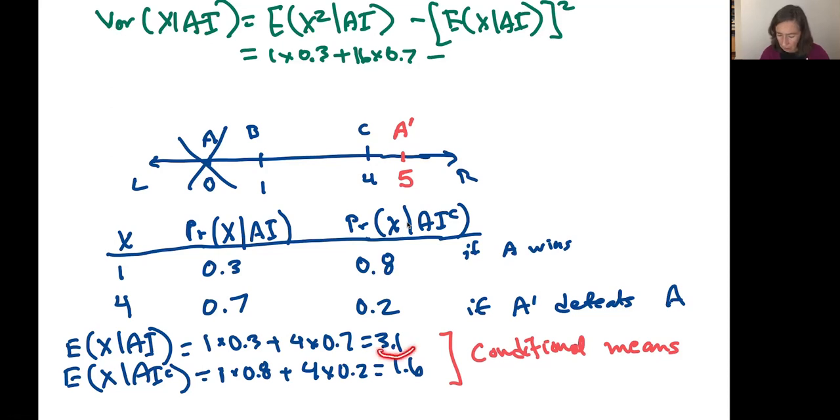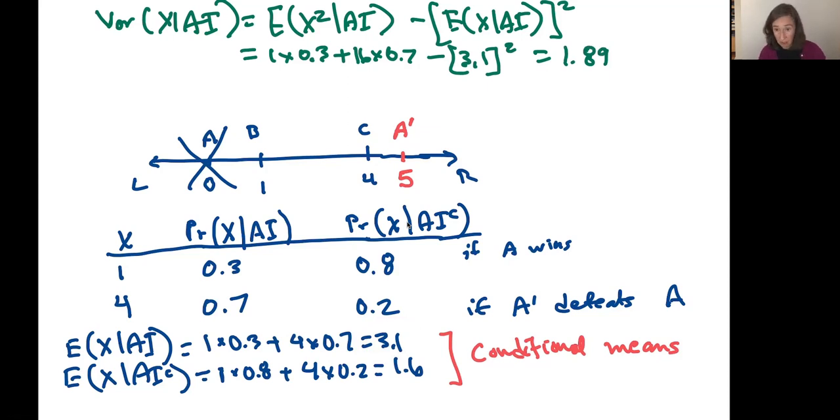Okay, nice. I calculated the expected value of X conditional on AI down here. So that's what I'm squaring. 3.1 squared. This is more than I can do in my head, but when I punched it out on my calculator, I got 1.89 here.